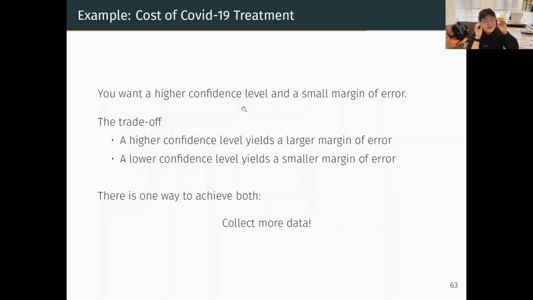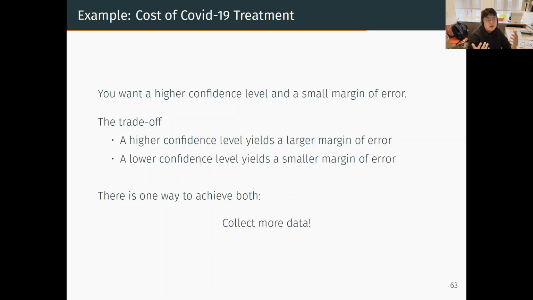But I said as if the confidence level and the small margin are a trade-off, but actually there is one possible way to achieve both of them. To overcome the trade-off, what we need is sample size, more data. Usually it is not possible, but sometimes you may design your survey, design your own data, your own experiment.